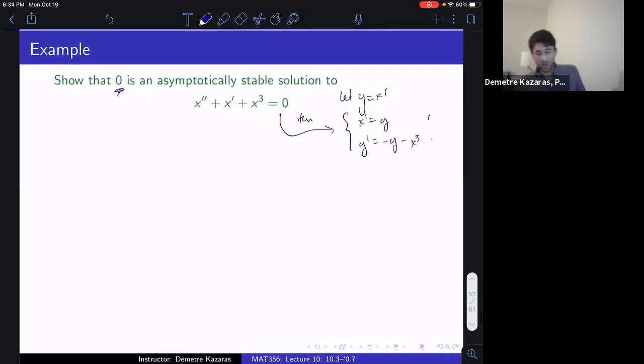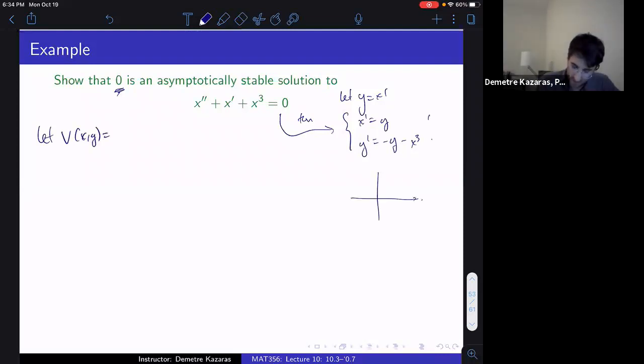Okay, so it's not an exact science, but usually the function that you want to consider, the function that has a strict minimum at x naught or at the origin, is just going to be the parabola. So let's let v of x and y be, just to be clear, we've got a little picture going on here, the xy axis. We are looking at the origin.